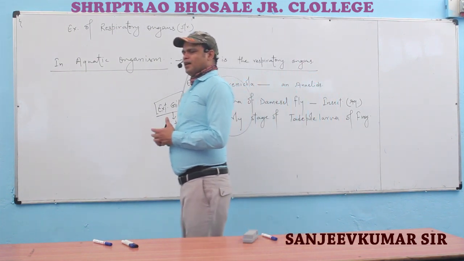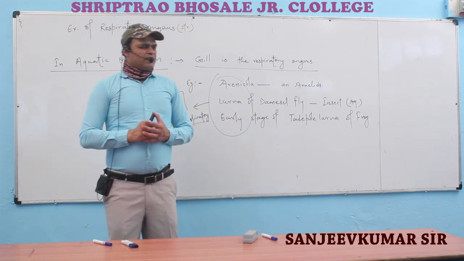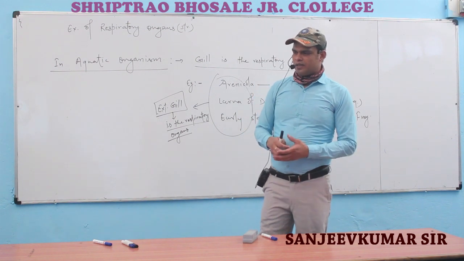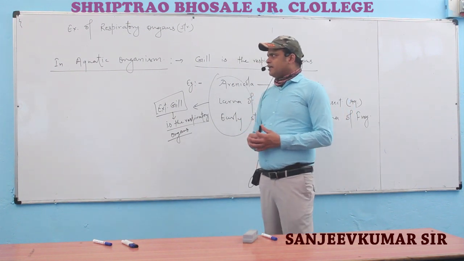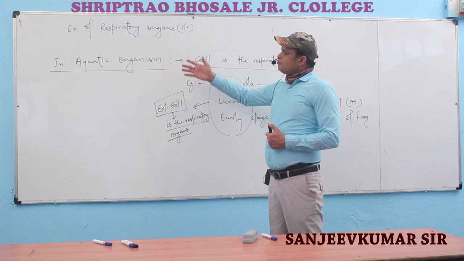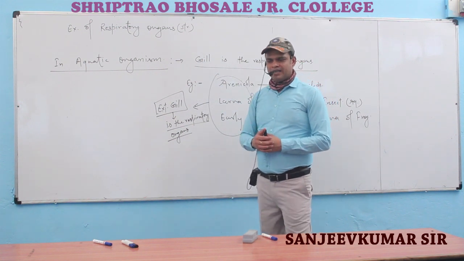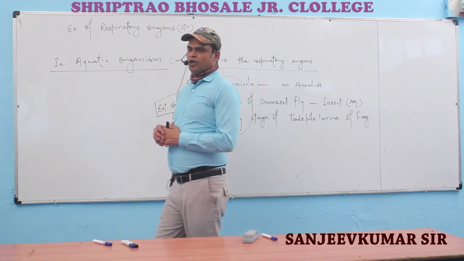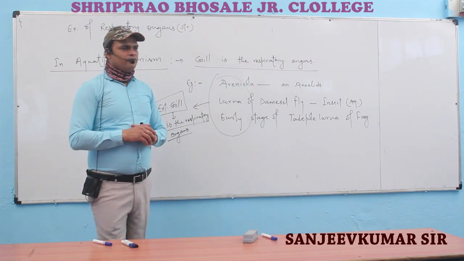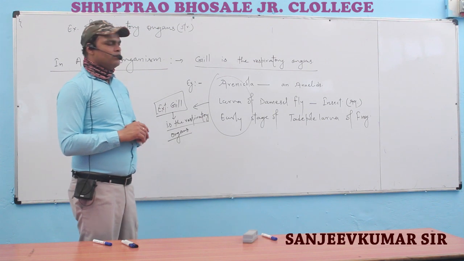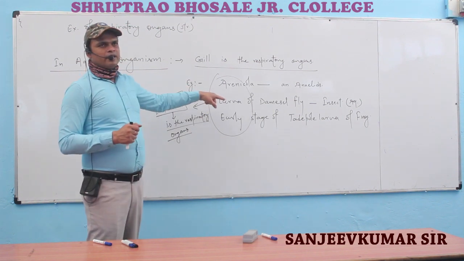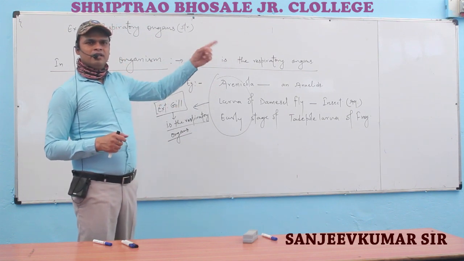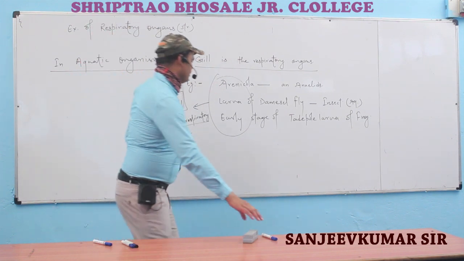You know that the partial pressure or the availability of oxygen in water is very less, so it requires more expenditure of energy for trapping or capturing molecules of oxygen. Therefore, the breathing rate in aquatic organisms, basically those who have gills, is more compared to terrestrial organisms. That's it.